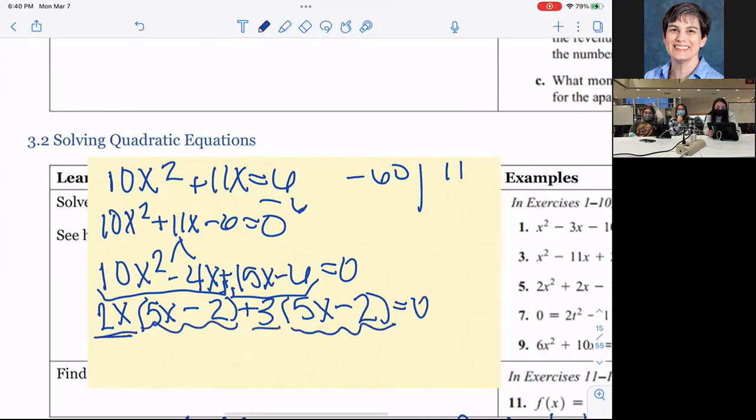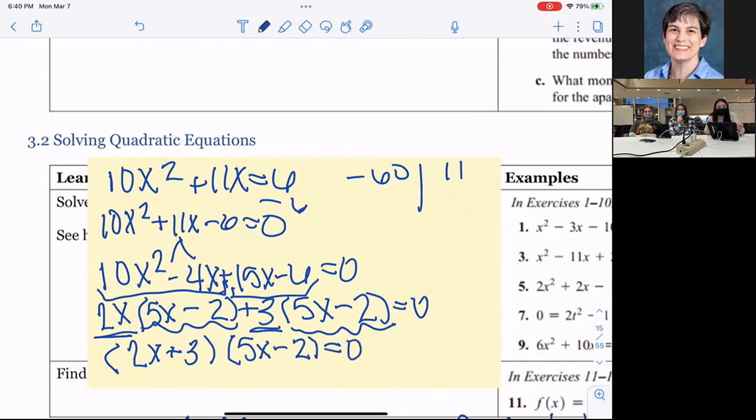Then we put the rest in another parentheses and get 2x plus 3 and 5x minus 2 equals 0. You will be left with x equals negative 3/2 and x equals 2/5. And that is your answer.